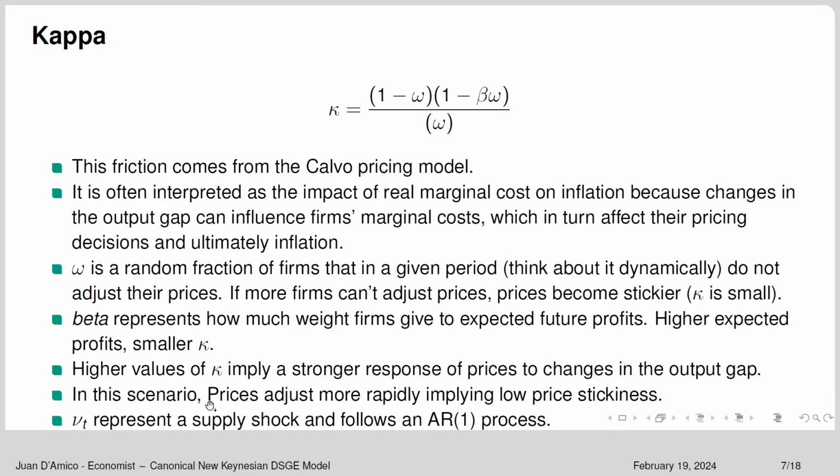And in this scenario, prices adjust rapidly, implying low price stickiness. So, let's review this again. When the value of kappa is high, that means that price stickiness is low. And now, when the value of kappa is small, price stickiness is high.